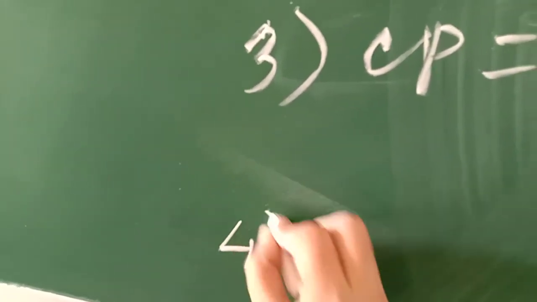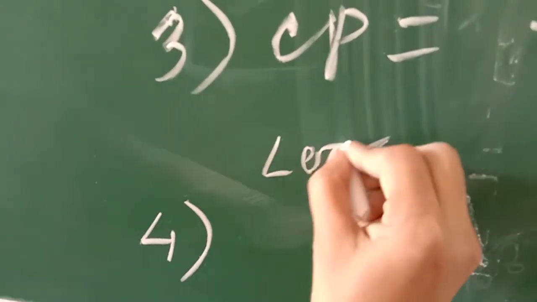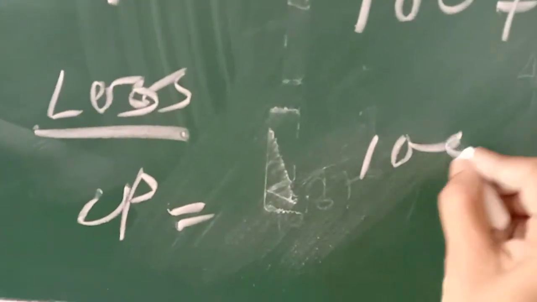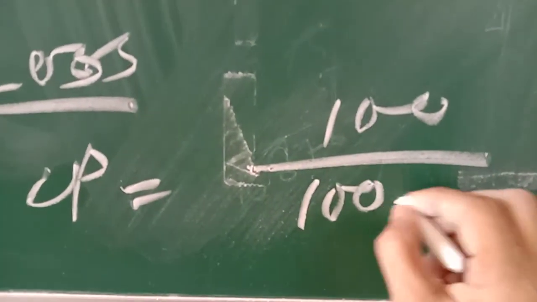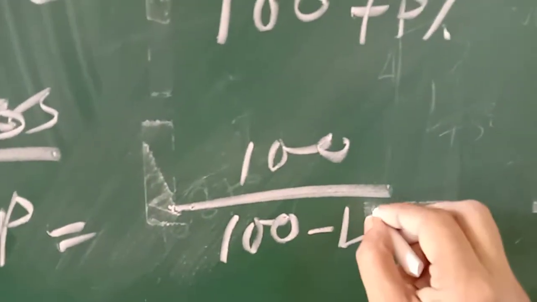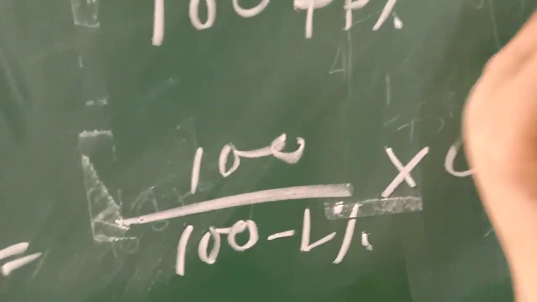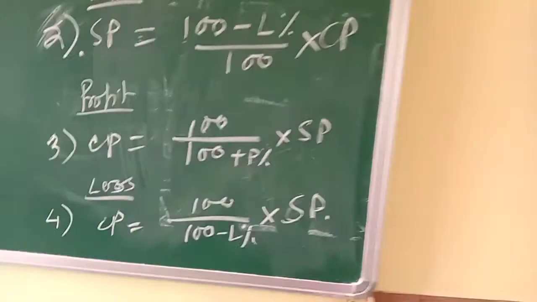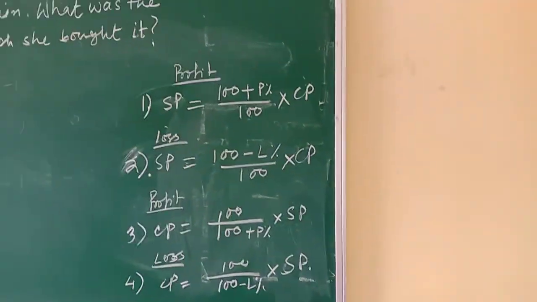Similarly, when it is loss, to find the cost price, CP is equal to 100 divided by 100 minus loss percent, into SP. These are the few formulas.